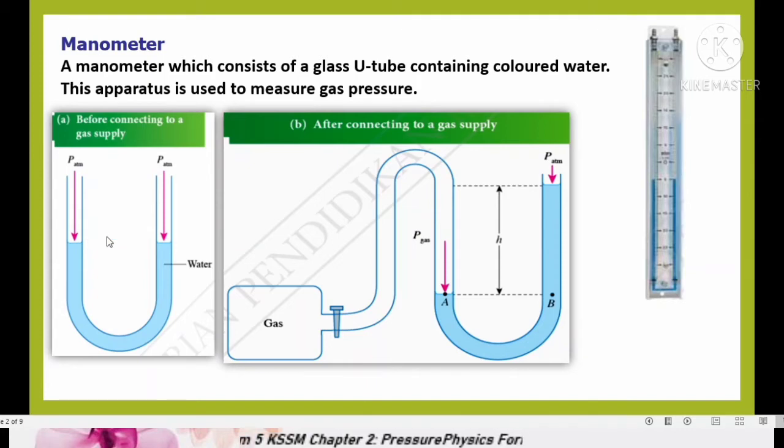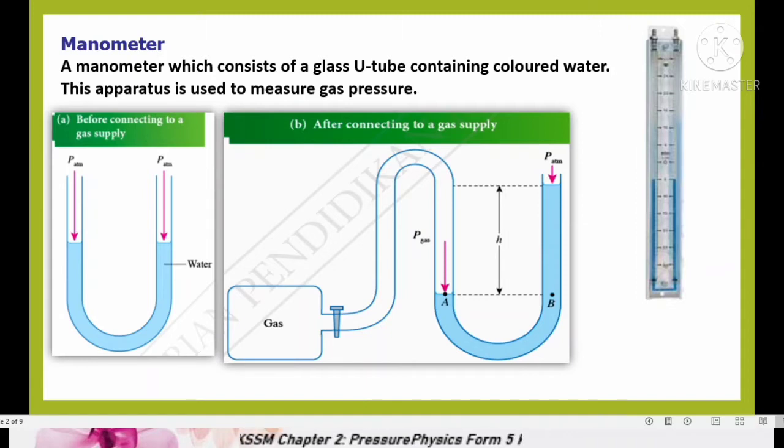Initially, before you connect this U-tube to any source of gas, both levels on both arms of the U-tube are open, meaning there is an action of atmospheric pressure on both of the arms of the tube.